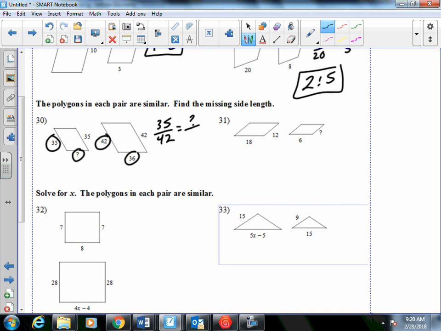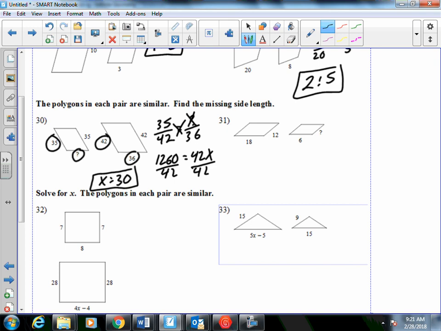So we can cross multiply. I'm going to change this question mark to an X just because it makes it easier to deal with. So 35 times 36 is equal to 1260. It's going to equal 42x divided by 42. And our x is going to equal 30, where that question mark is 30.